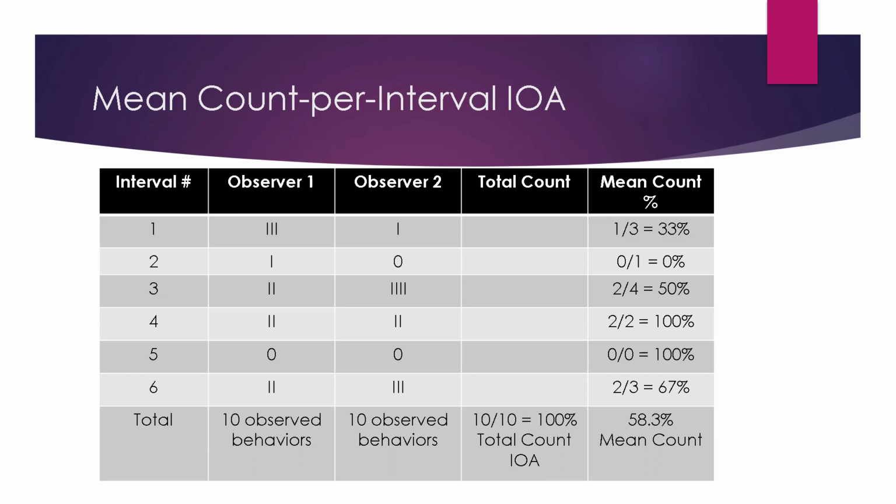Then sum the IOA for each interval and divide it by the number of intervals and multiply by 100. Thus, there's 58% agreement. Notice that each observer recorded 10 occurrences of the target behavior in the observation period, yielding 100% total count IOA. However, the mean count per interval is nearly half the agreement.